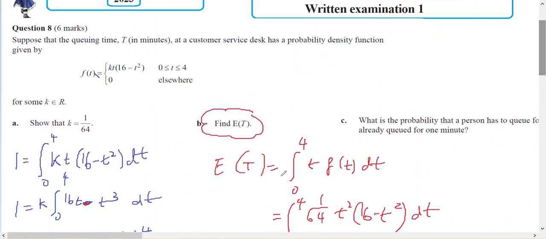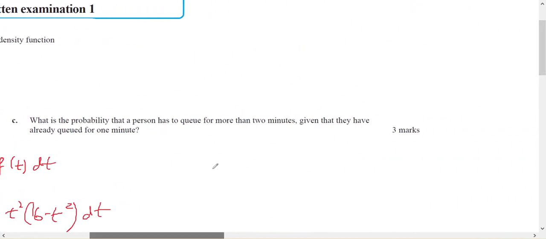And in part C, we have a probability question. Probability a person is to queue for more than 2 minutes, given that they have queued for 1 minute.